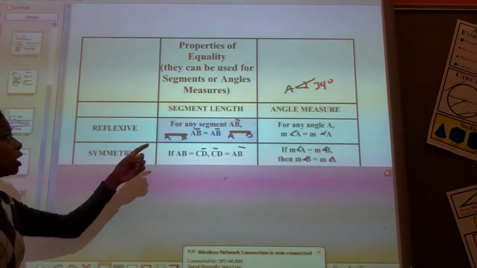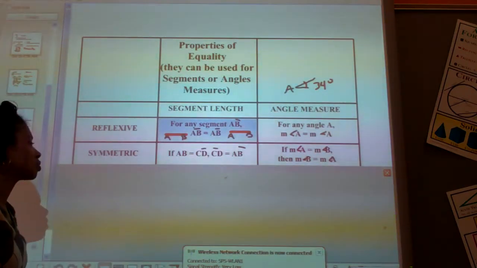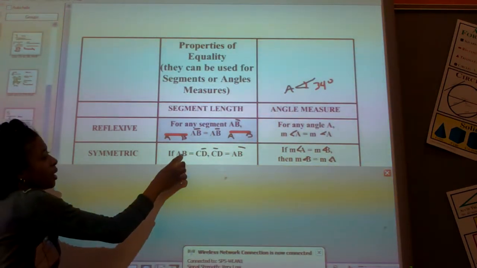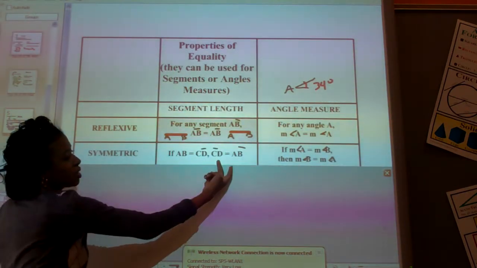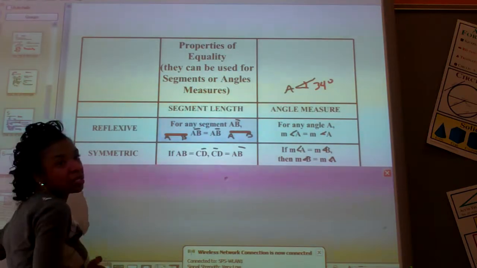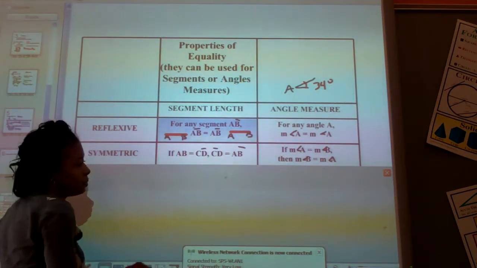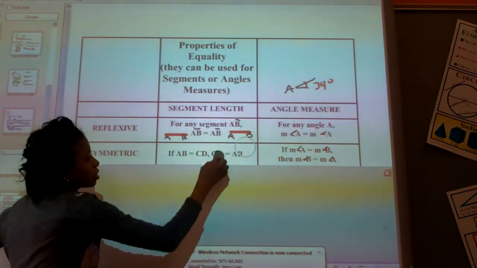Symmetric. Again, one of the properties of equality you're supposed to study. If segment AB is equal to segment CD, then that means if I flip it, segment CD is also equal to segment AB.